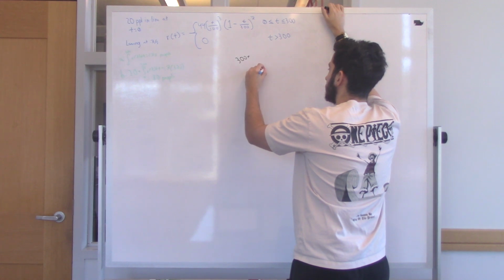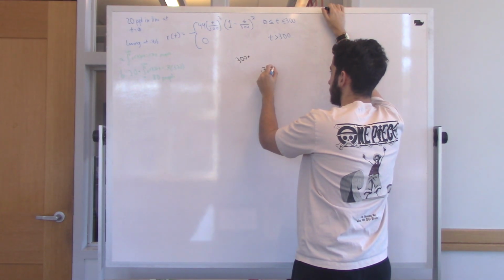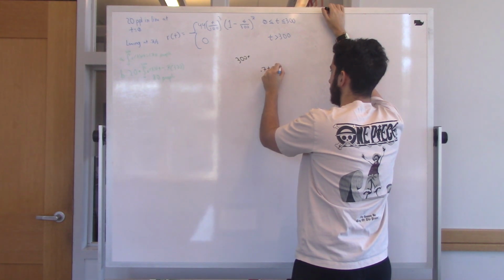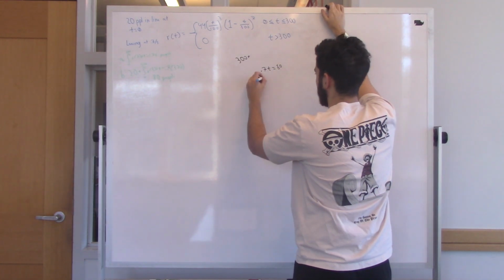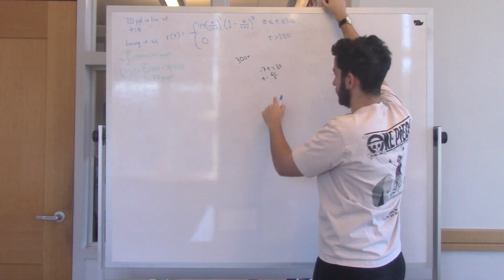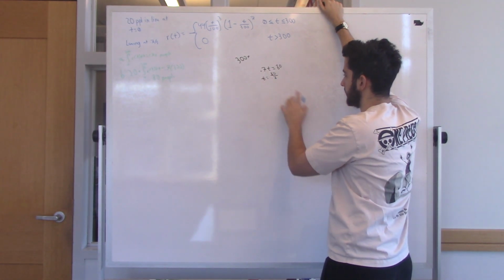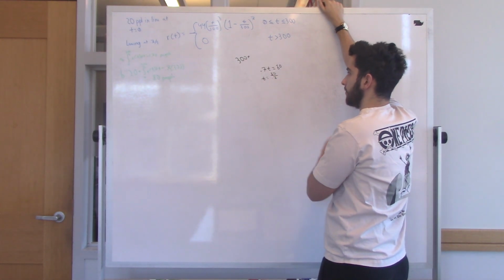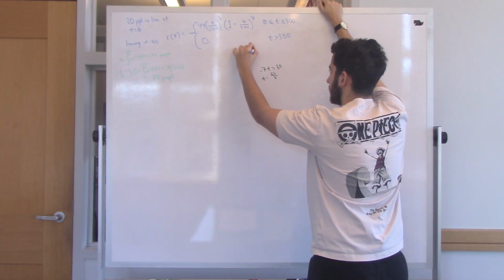Well, 0.7 t, which is the amount of people we lose per second, at some point is going to equal the amount of people we have in line, right? At that point, it'll be the value of 80 divided by 0.7. So if you go an additional 80 over 0.7 seconds, then you'll have lost those 80 people in line, right?